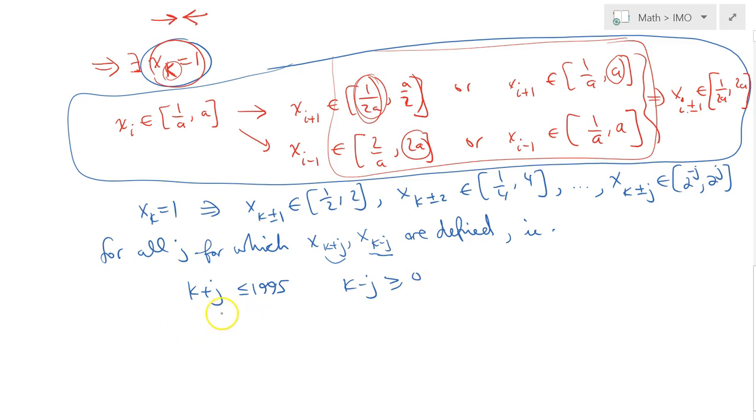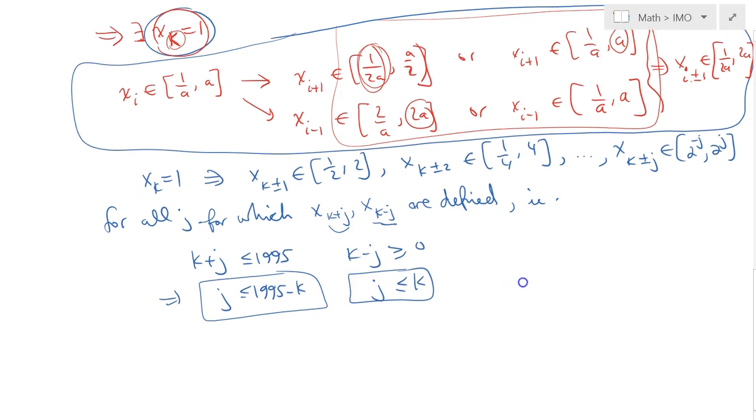So rewriting these, this one here would put an upper bound for j, and in a similar way this one here would put another upper bound, j should also be less than or equal to k.